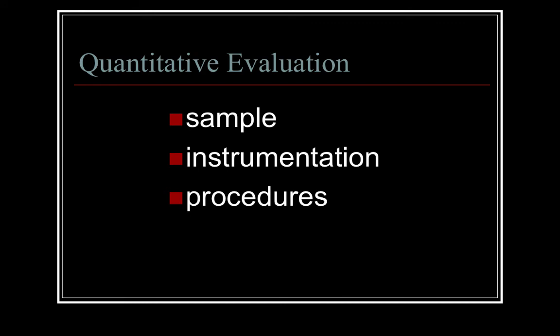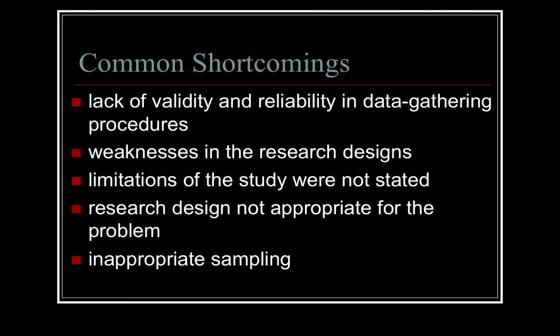So you just have to watch again how much they generalize out of it, what their purpose is, and take things with a grain of salt. There is no magic number for sample. The list that you see of the common shortcomings have been validated over and over that these are the things that people see when a study is poor in quantitative.